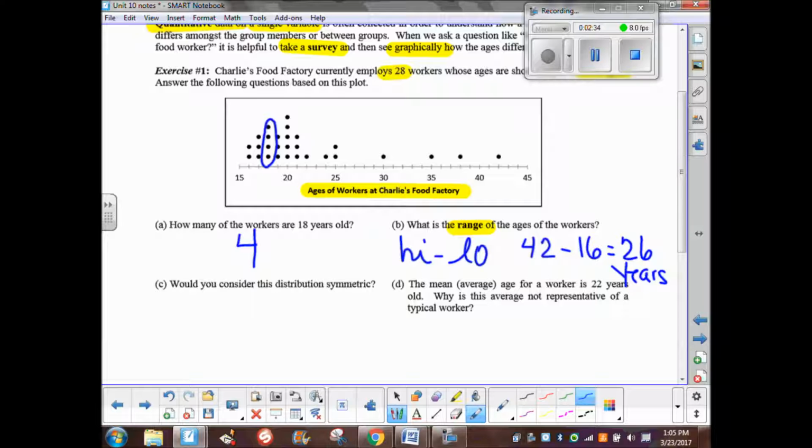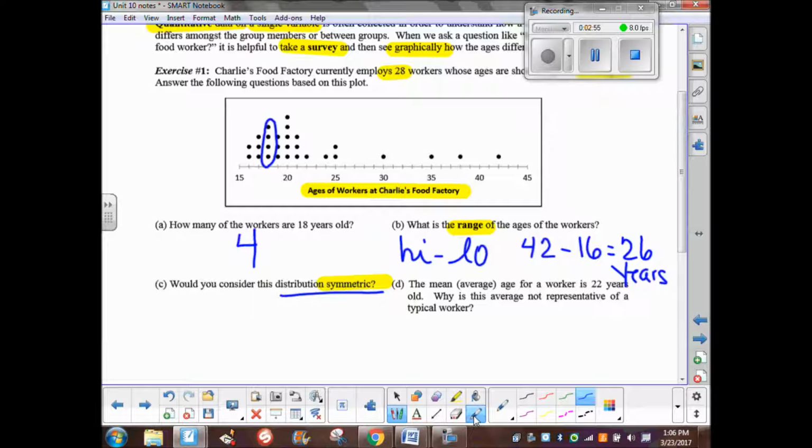It says, would you consider this distribution symmetric? So when you look at this whole graph in its entirety, from left to right, does it look symmetrical? What do you think? No. Okay. So it's not.